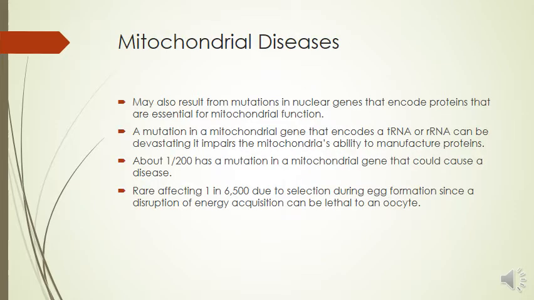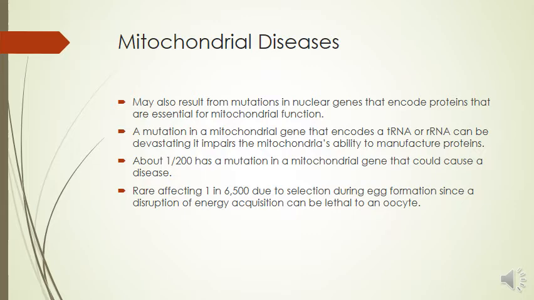Mitochondrial diseases may also result from mutations in nuclear genes that encode proteins that are essential for mitochondrial function. A mutation in a mitochondrial gene that encodes a transfer RNA or a ribosomal RNA can be devastating because it impairs the mitochondria's ability to manufacture proteins.